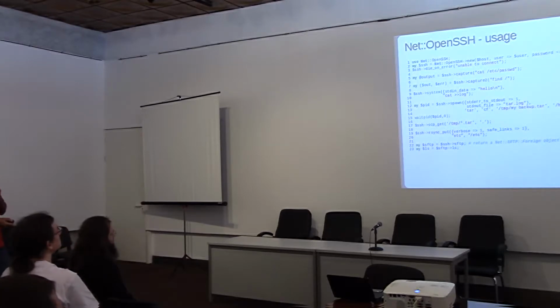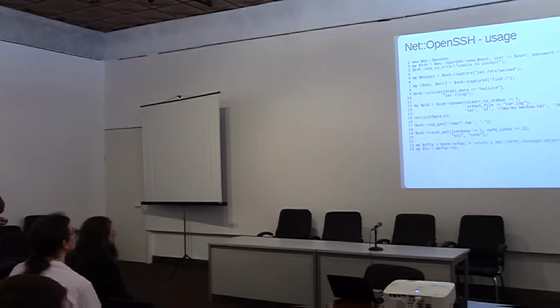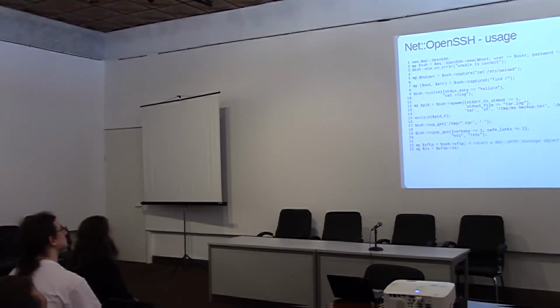That's very straightforward. sftp will return a Net::SFTP::Foreign object, so you have a full SFTP client, and you can use both at the same time. Once you have an SFTP object, you can mix calls to the SSH object with calls to the SFTP object.